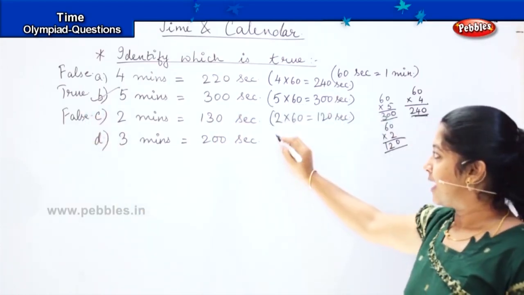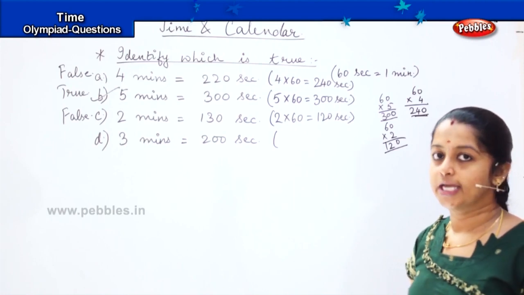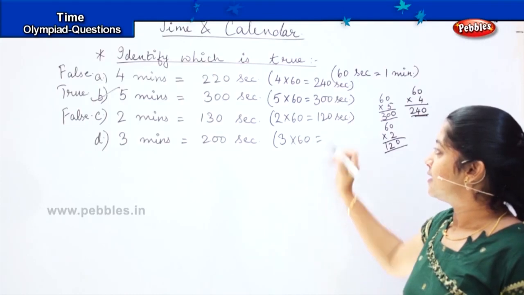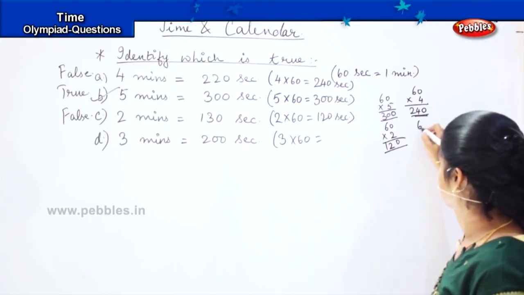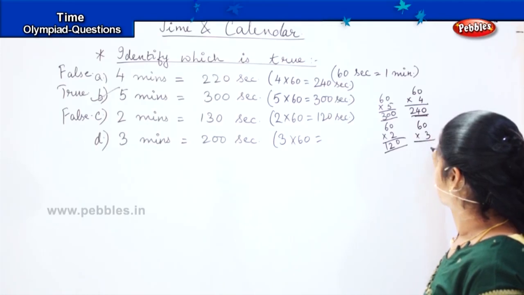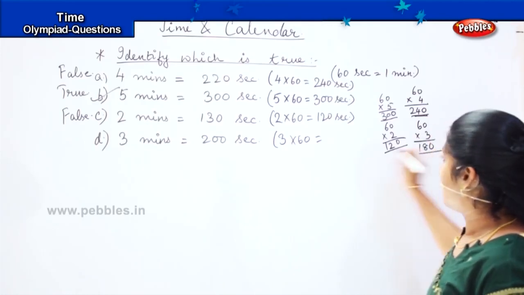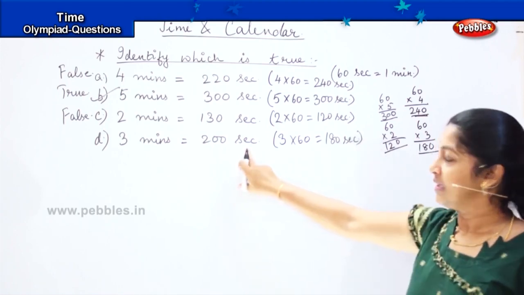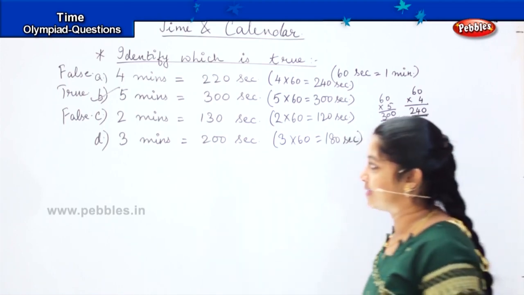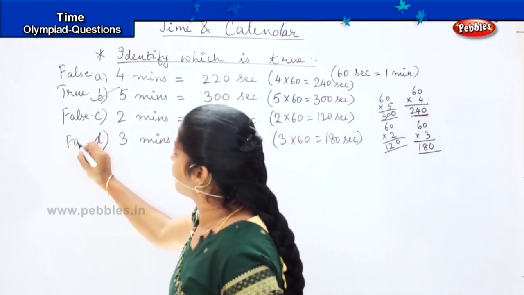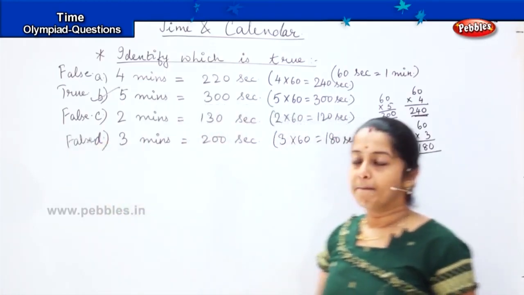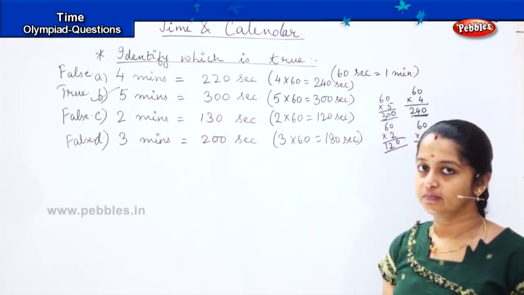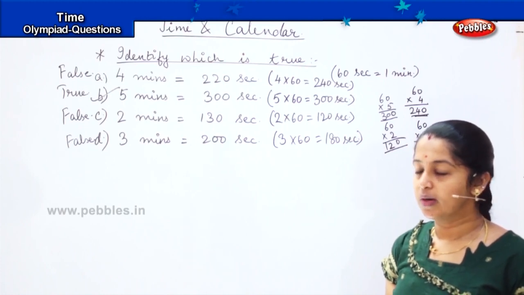Coming to the last one, 3 minutes, so you need to multiply with 60. 6 3s are 18, so I should get 180 seconds. They have given 200 seconds, so again it's a false statement. So my right answer is 5 minutes equals 300 seconds. Clear? Shall we do one more?